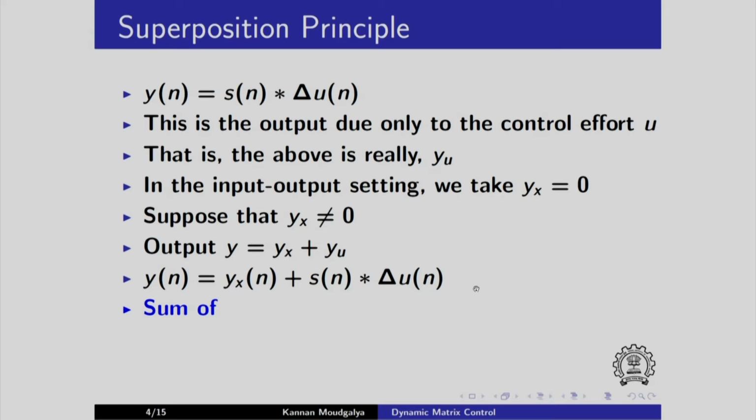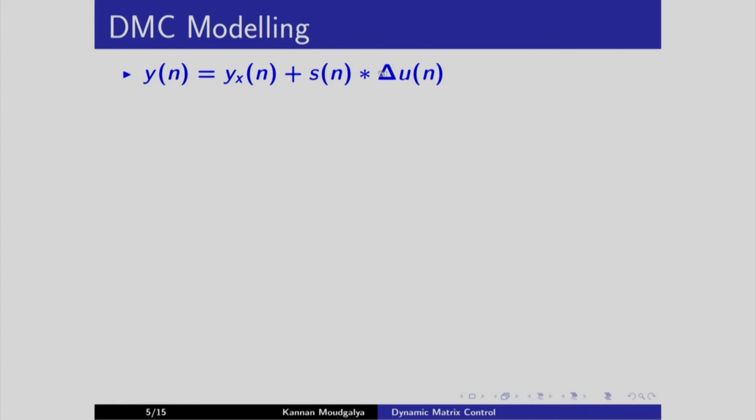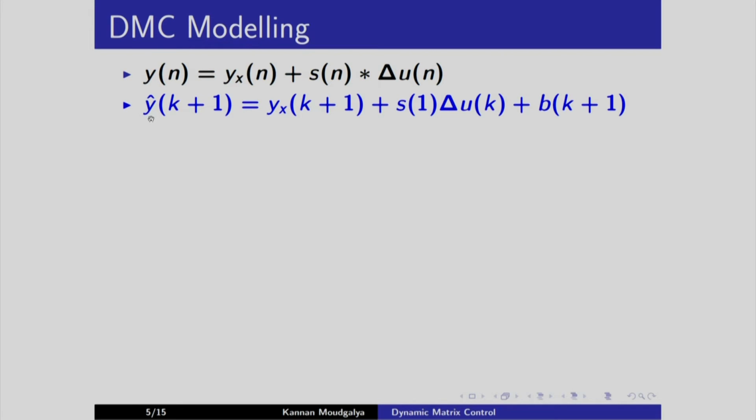This is the sum of output due to non-zero initial condition only, which is the first term, and output due to input only, which is this term. Now we will use this expression. So let us call it Y hat.